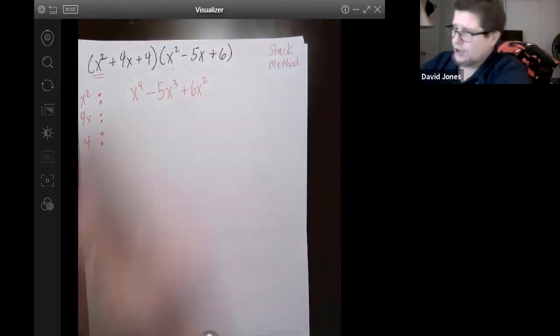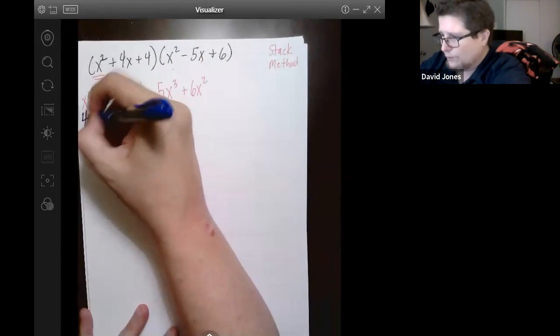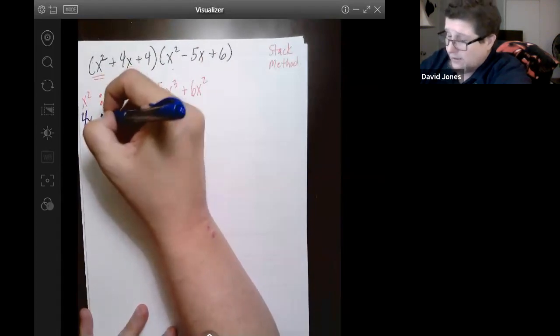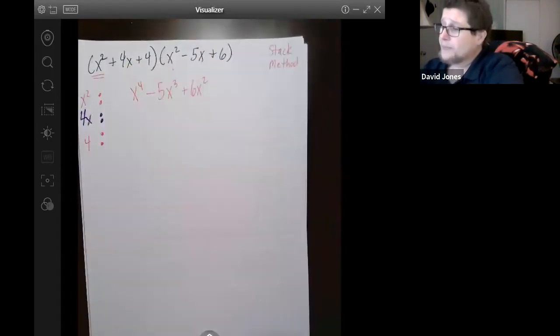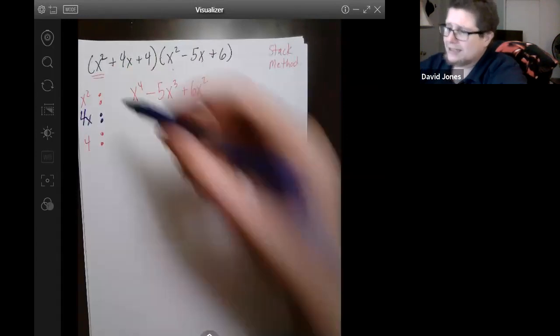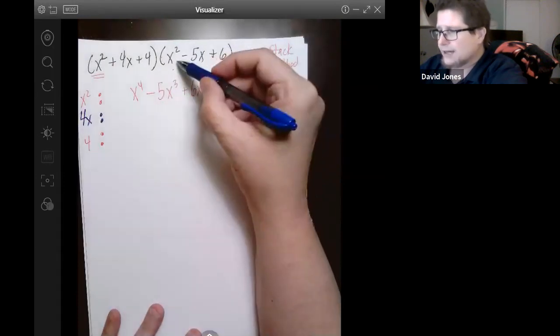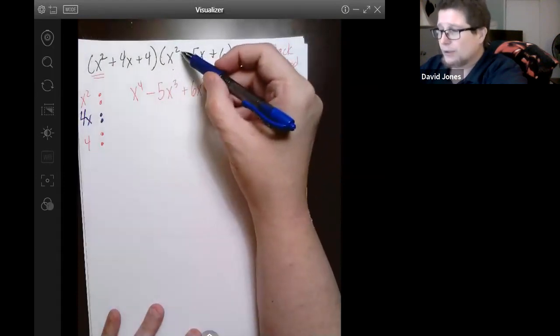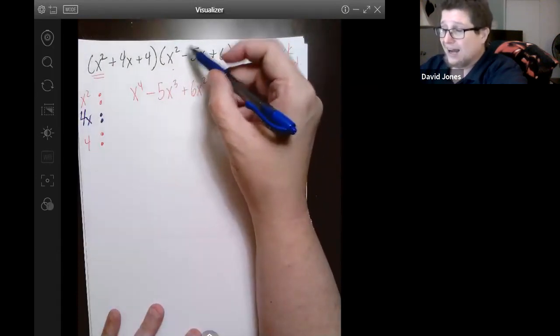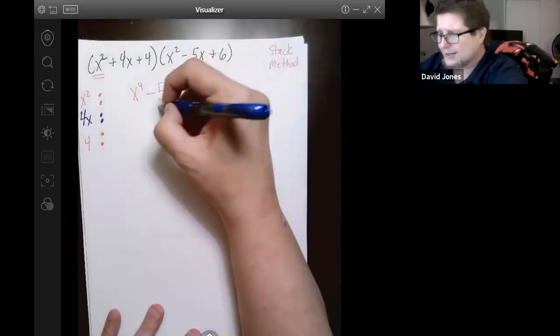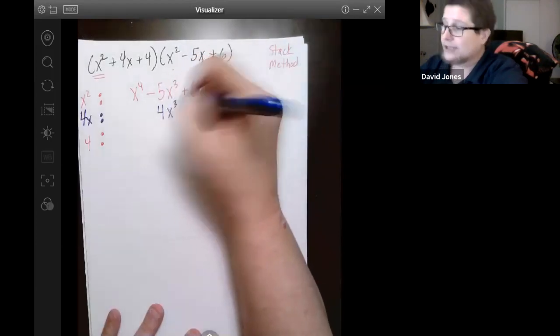Ooh, maybe I should change up colors. Let's use blue for the single exponent. When I multiply 4x times everything in the second parentheses, 4x times x squared, we add the exponents. 1 plus 2 is 3. I've got 4x cubed. I'm going to stack it underneath the other x cubed.